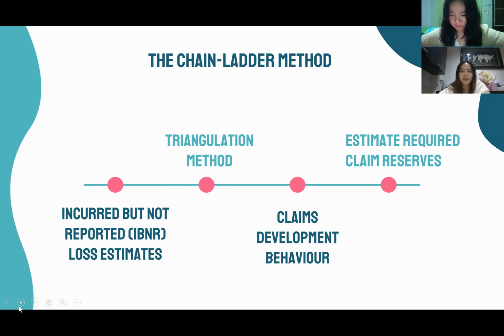Thus, in order for these assumptions to hold, data from the past loss experience must be accurate. Also, the method is mainly used to calculate incurred but not reported, which is IBNR, loss estimates, using a runoff triangle of paid losses and incurred losses.